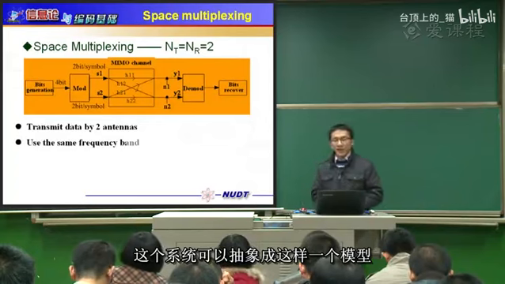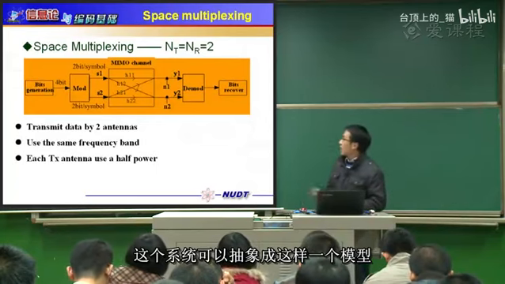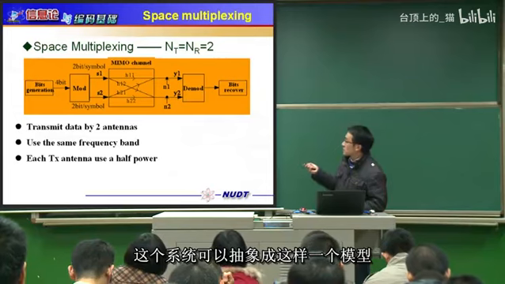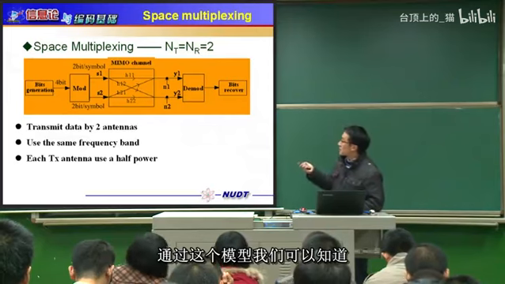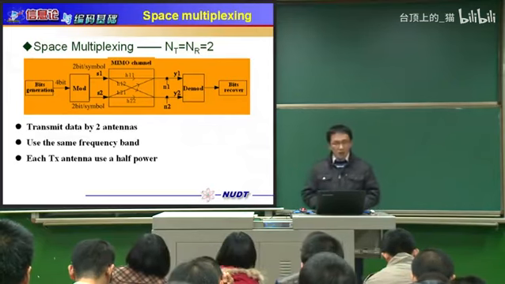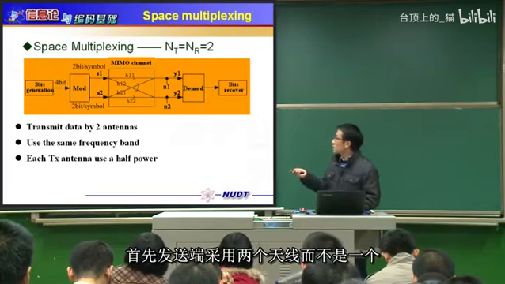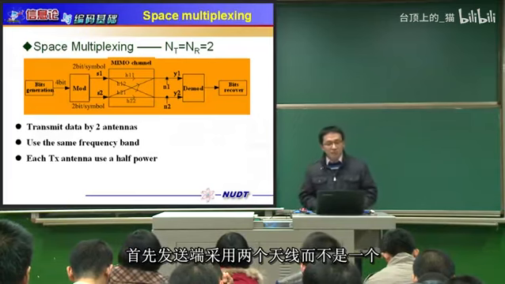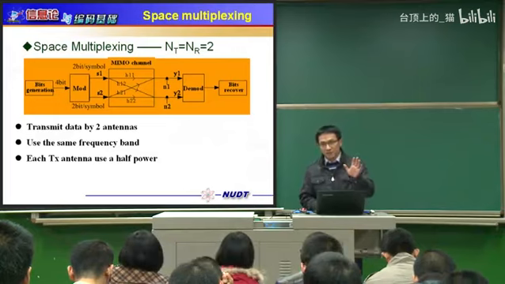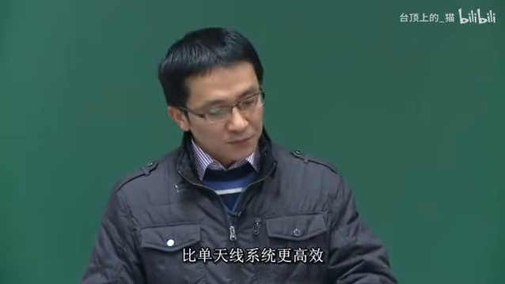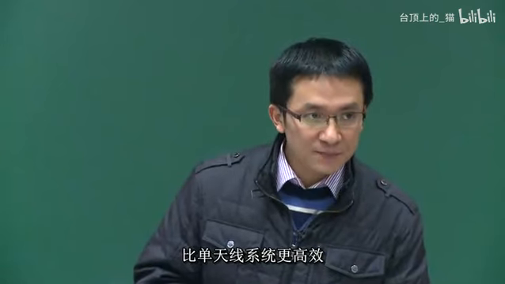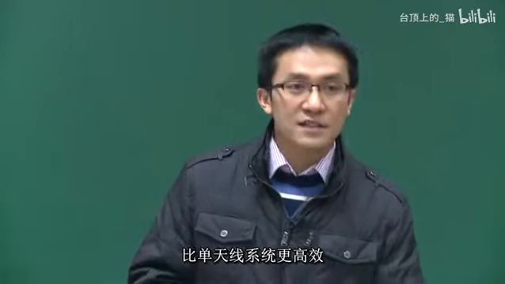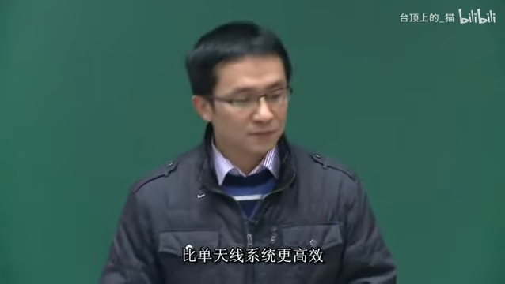This system can also be abstracted as this system model. See this system model, we can know first, the transmitted data is sent by two antennas instead of one antenna. So more efficiency is obtained than that of the single antenna system.